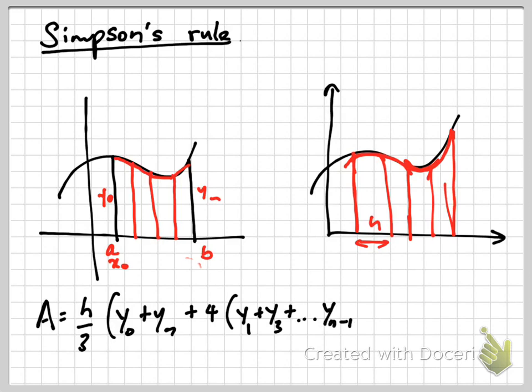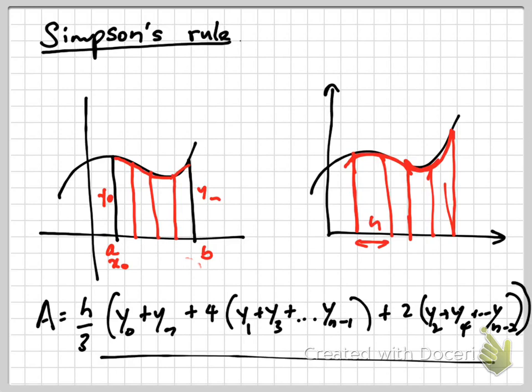So you do the odd number ones, and you multiply the odd number ones by 4, and then you go plus 2 times the even number ones, y2 plus y4 plus yn minus 2, because that will be the even one. And that is how you use Simpson's rule and approximate the area between the x-axis and the curve.